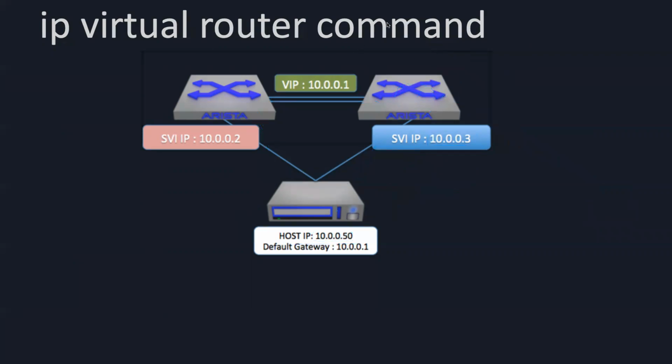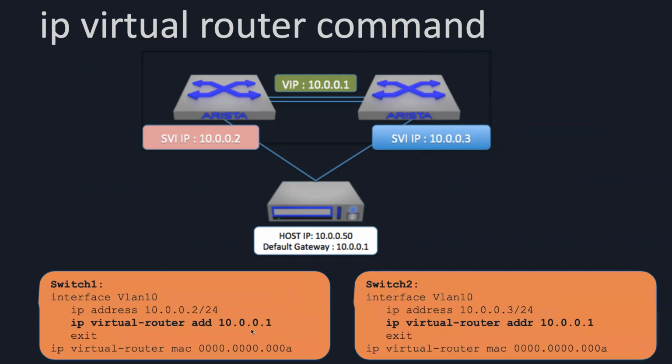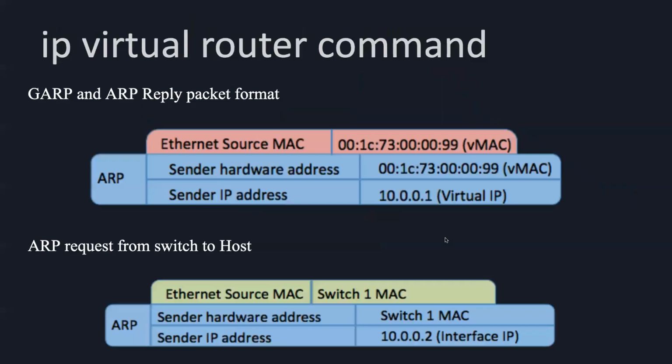So that's why we use this. This is our VARP config, and this is what I was talking about with the ARP request. In the ARP request, the Ethernet source MAC is the switch 1 MAC, the physical MAC, which we discussed as A, and the physical IP, which is 10.0.0.2 or 10.0.0.3, depending on which VTAP is sending.